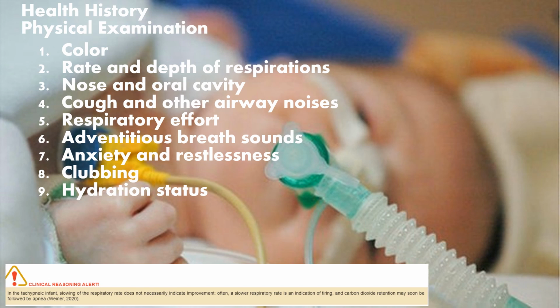What's interesting is that a lot of times new nurses or people who are not well versed in pediatric care think that when a child or an infant goes from a super high rate of respirations down to a slow rate, that it's improvement. And slow or lower than normal rates of respiration in a child or an infant is really bad.